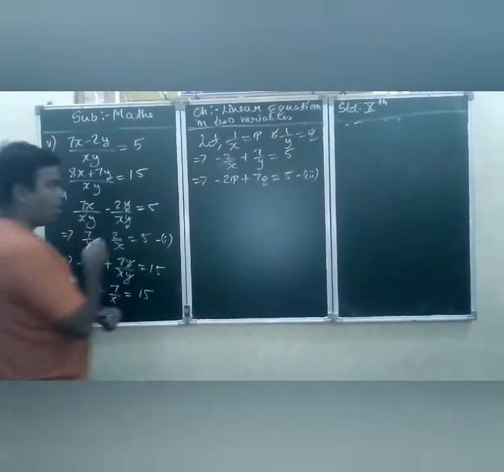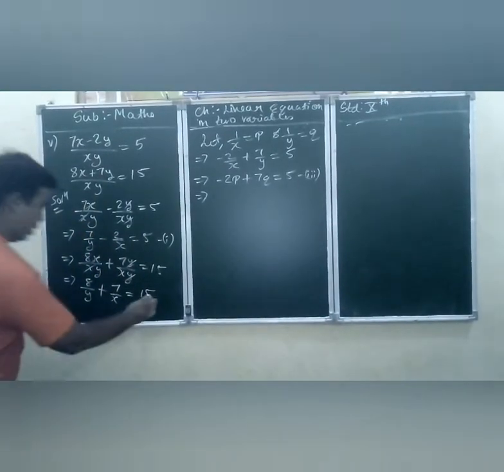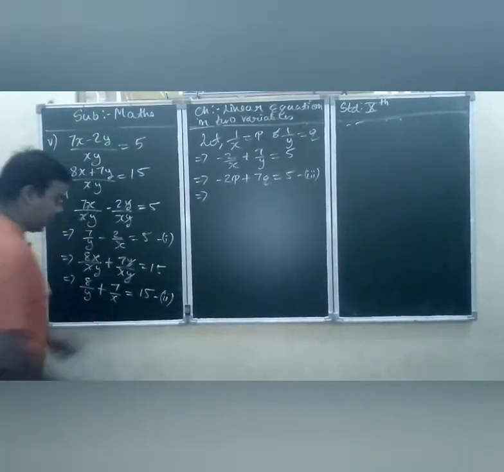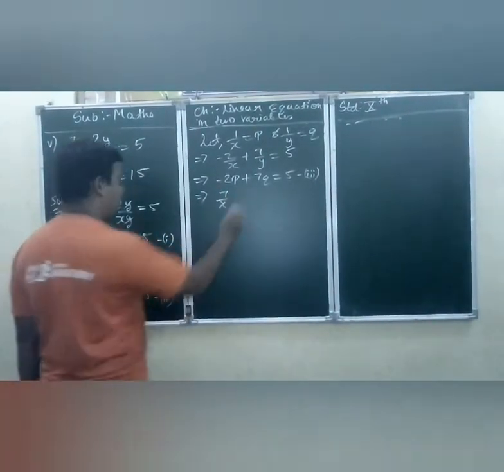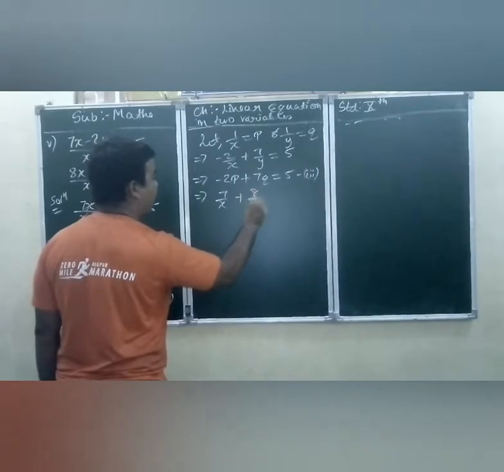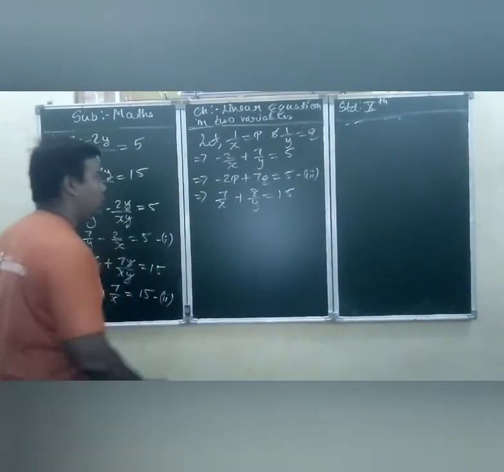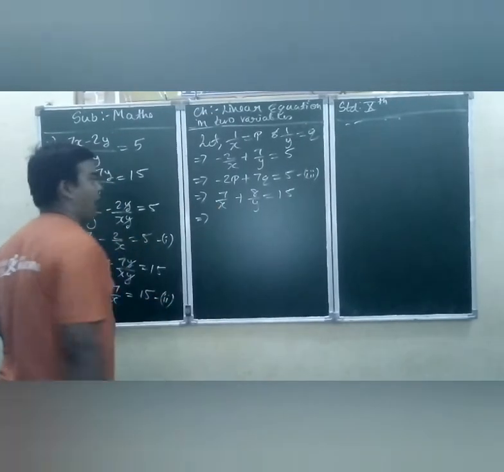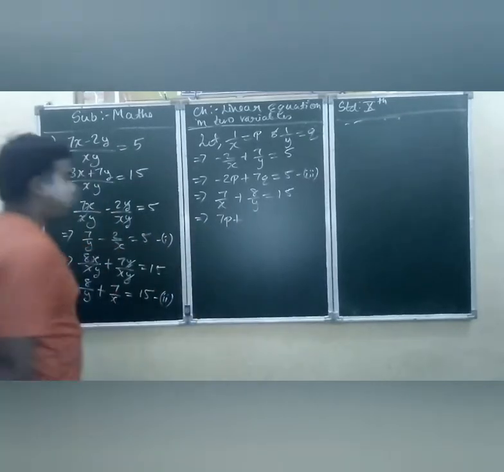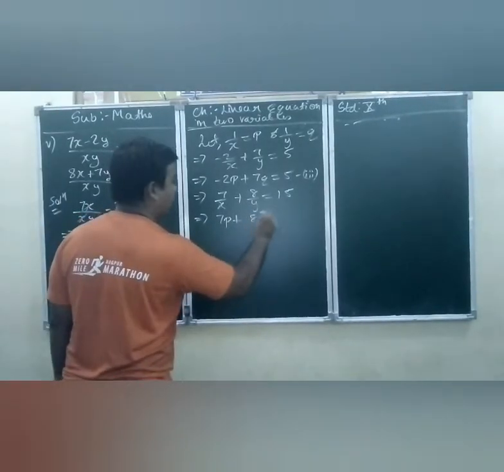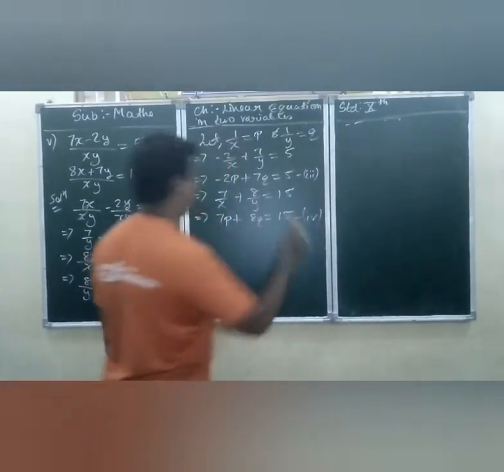The second equation, rearrange again: 7 by x plus 8 by y is equal to 15. So 1 by x is p, so 7p plus 8q is equal to 15. This equation is named fourth.